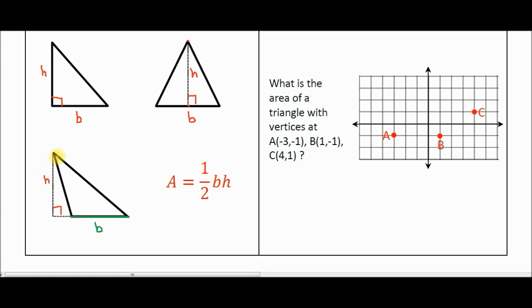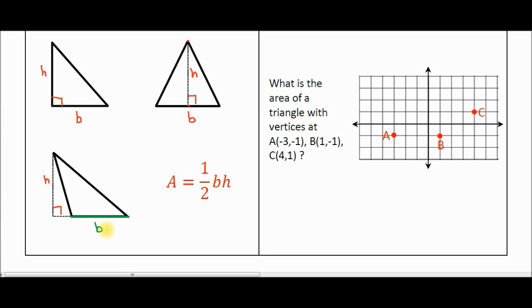Now notice the height is not one of the sides of the triangle like a right triangle. It's just like the height of the acute triangle, only if we measure straight up and down from the base, the problem is you end up with a point over here. And how do you know when you've reached the very top? So by extending the base out temporarily here and then drawing a perpendicular line, now we have a line that can tell us what the height is.